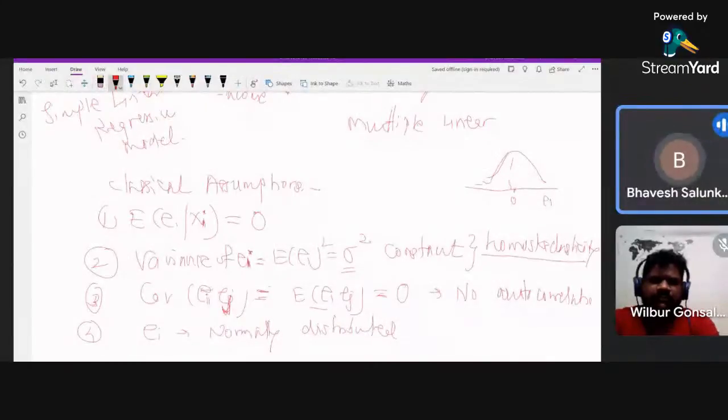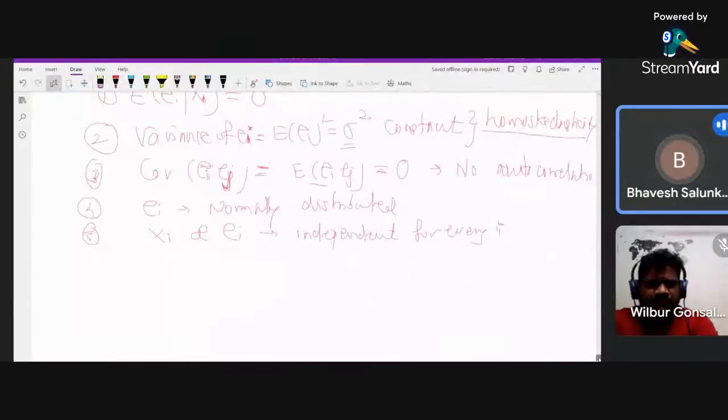Fifth assumption, and this is a very important assumption I am making, is that the Xi, that is the explanatory variable in our model, and the error term Ei, they are independent of each other. They are not correlated, for every i. So the error term and the explanatory variable X, or the independent variable X, are actually not correlated with each other, right?